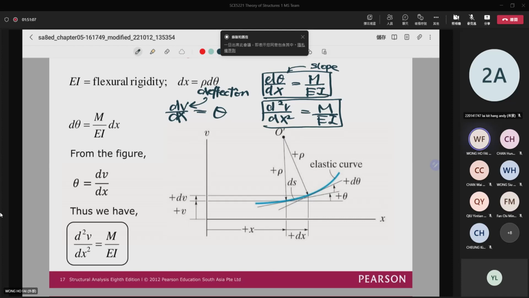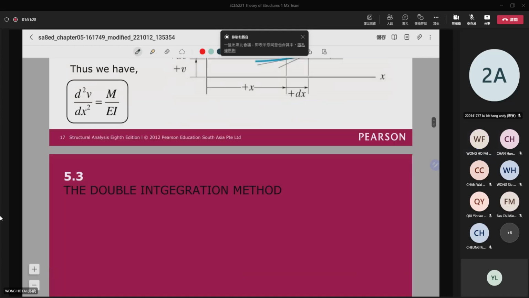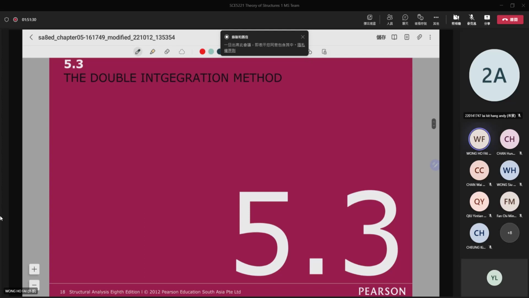But here we will involve a little bit of calculus, which you should have learned before. So right here, you have d theta/dx equal to M over EI, and differentiating two times, you get the values of M over EI. So here is what is called the double integration method.